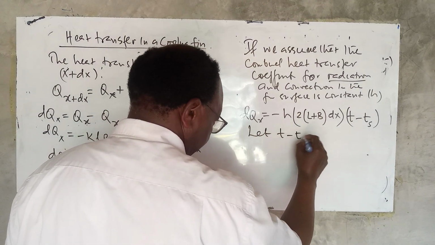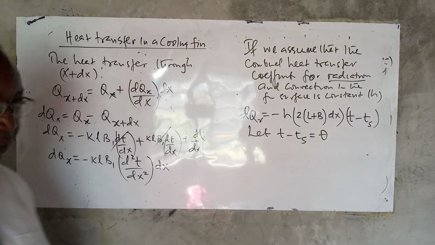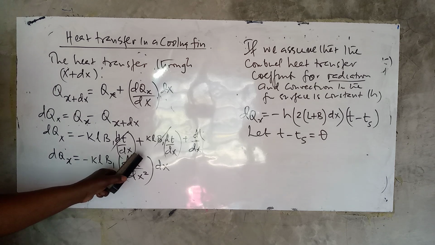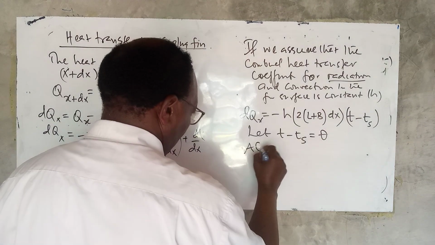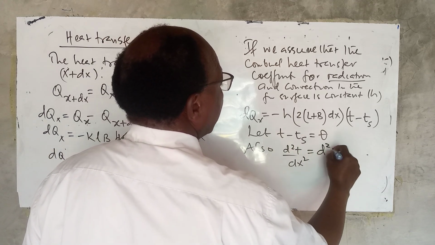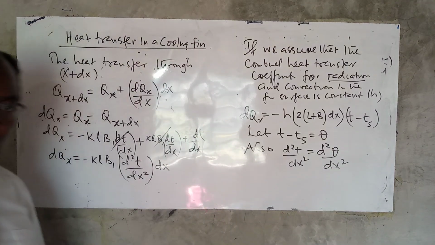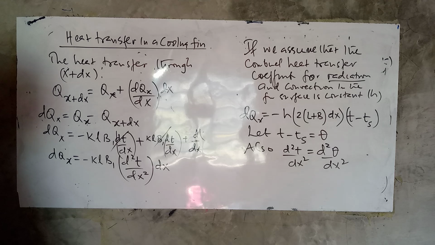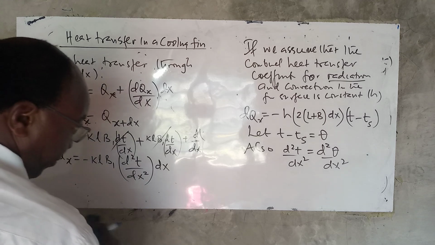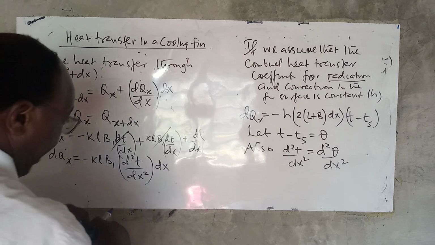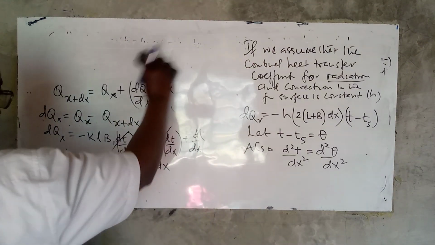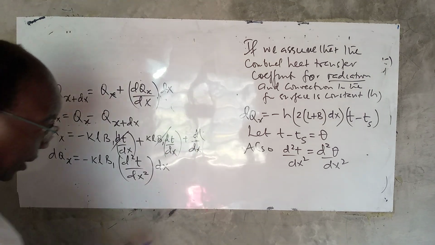If we let T minus Ts be equal to theta, then d2t over dx squared will simply be d2 theta over dx squared, and so both must be equal. Let's be careful as we erase, because there are quantities we will need to use.